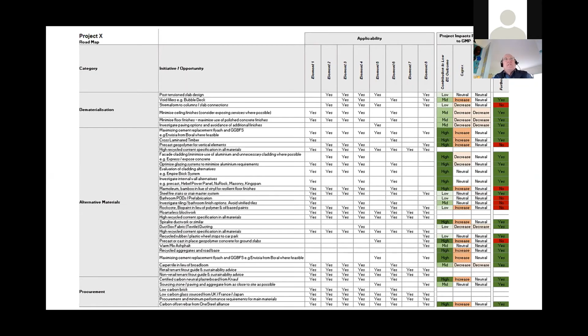Here's a great roadmap that they use when they're planning their jobs, and they're really looking at embodied carbon as an issue. As the energy efficiency of commercial buildings improves, the proportion of emissions that come from the embodied or product impacts increases.